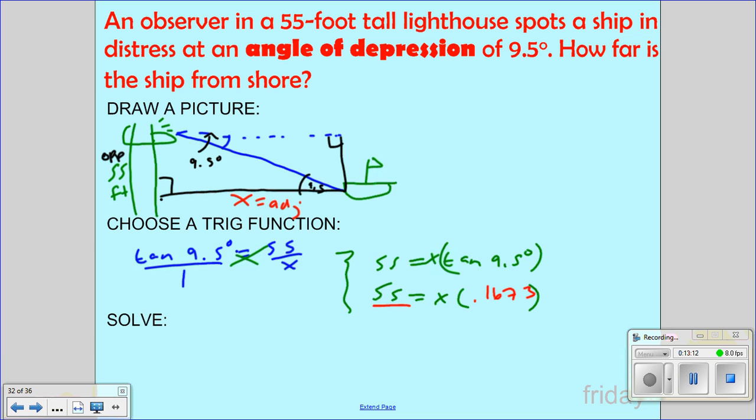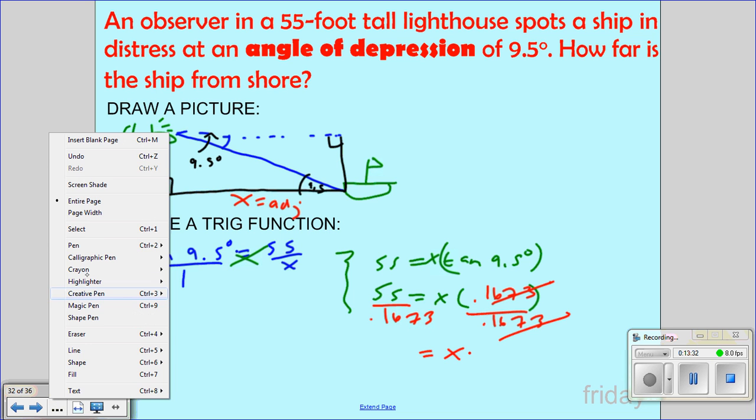And then we divide that on both sides to get x by itself. So x is going to equal 55 divided by 0.1673.